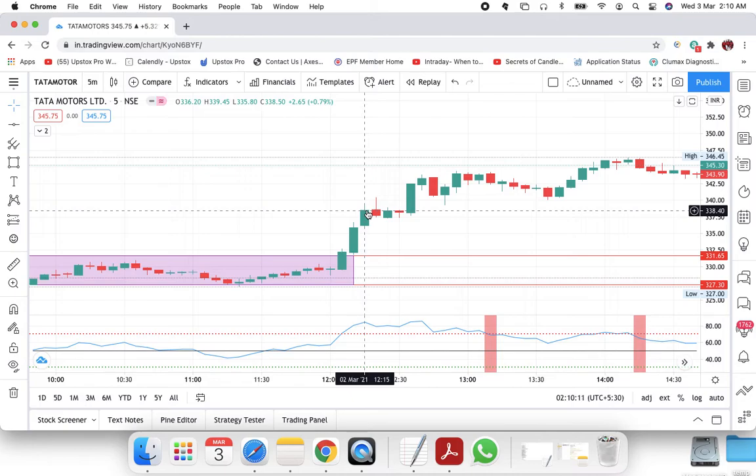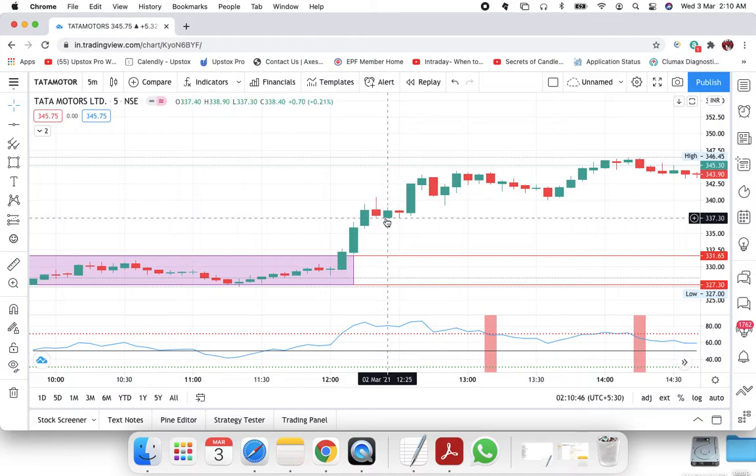So this candle didn't break our first condition. Our condition is we should exit when the previous candle low is broken. The low is not broken, so this candle is closed. Then again a red candle, and this is closed, but it didn't break the previous candle low, so we need not exit.